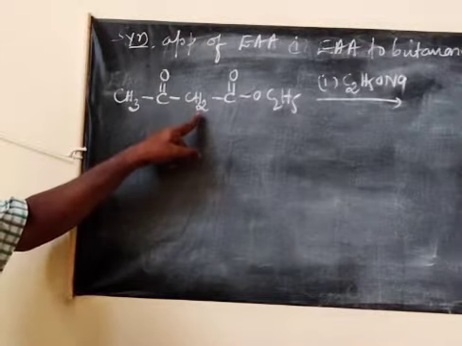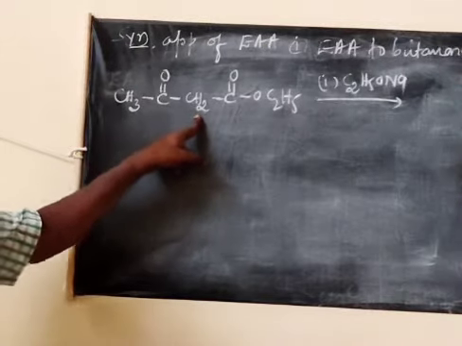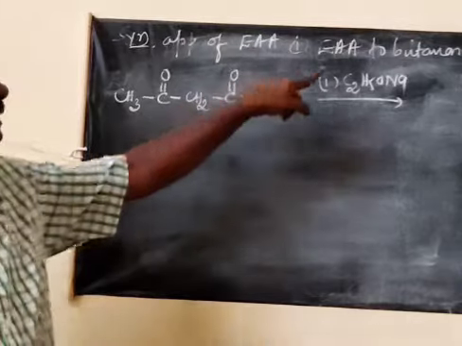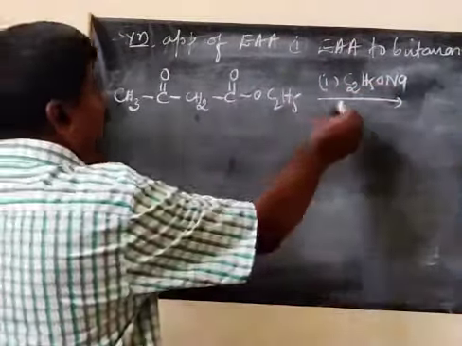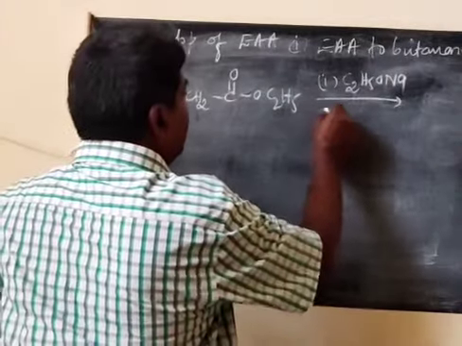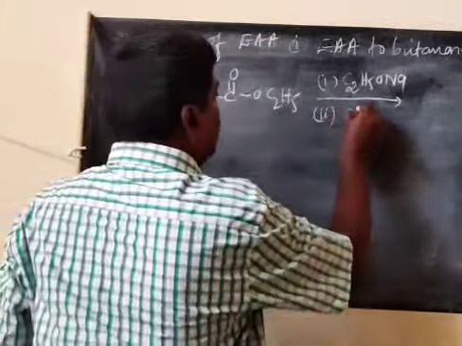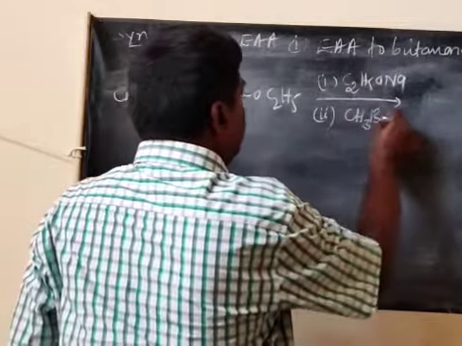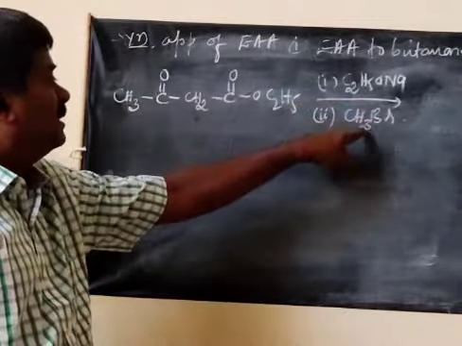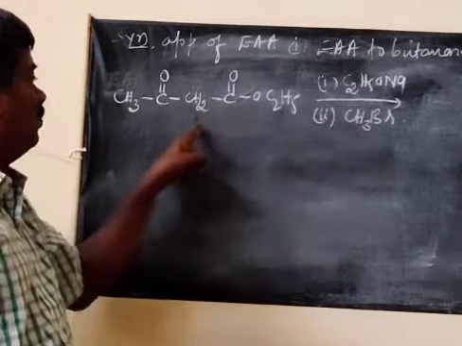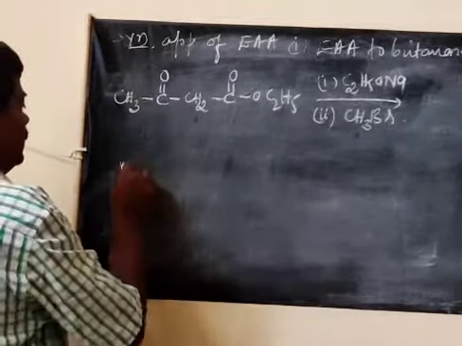The hydrogen atom of the active methylene group is replaced by sodium. And then treat this with methyl bromide, CH3Br. See what happens: Na is replaced by the CH3 group, so it forms this compound.